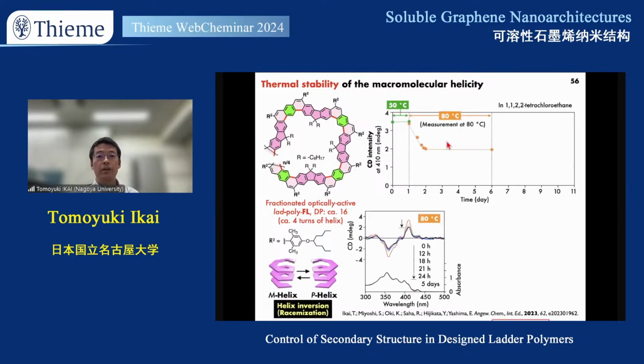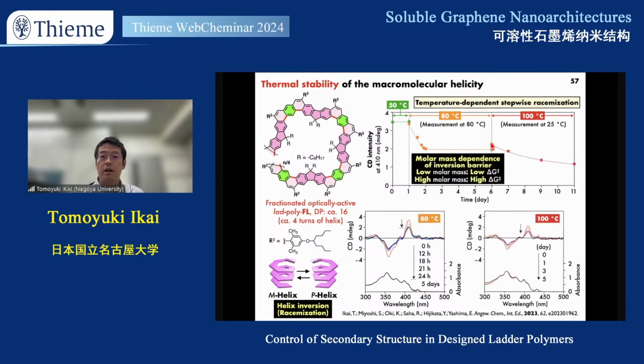But at high temperature, at 80 degrees, the CD intensity gradually decreases with time due to the helix inversion, that is racemization. And the decrease stopped after heating at 80 degrees for 1 day, and the intensity remained unchanged for several days, but gradually decreased again at 100 degrees.